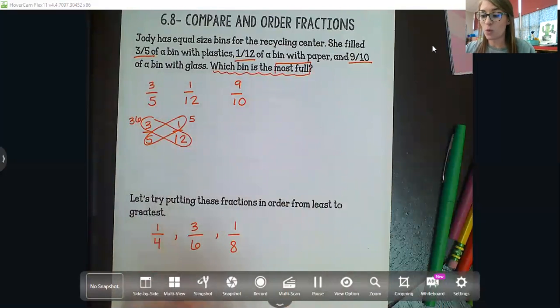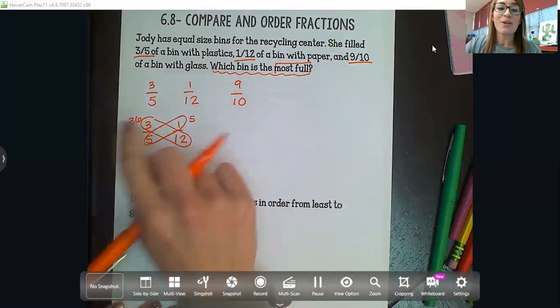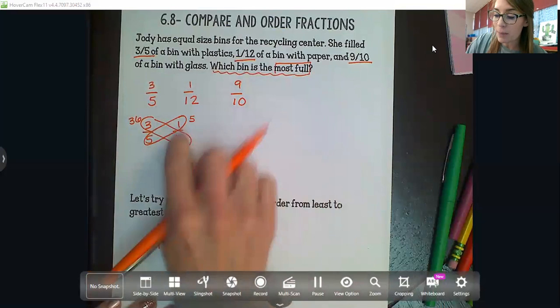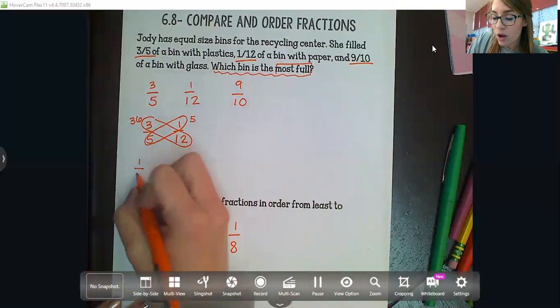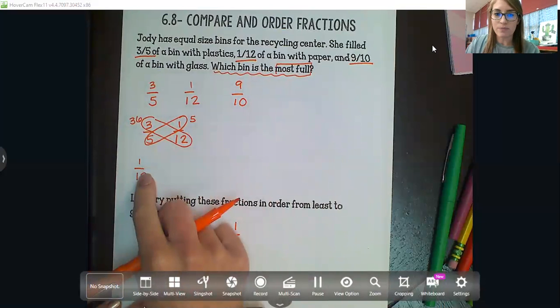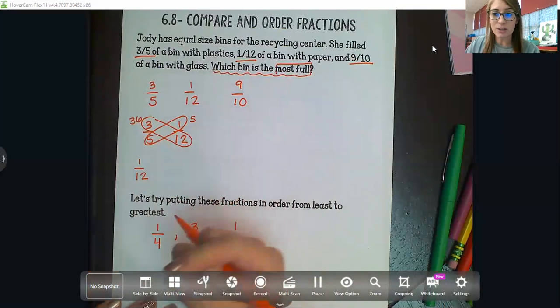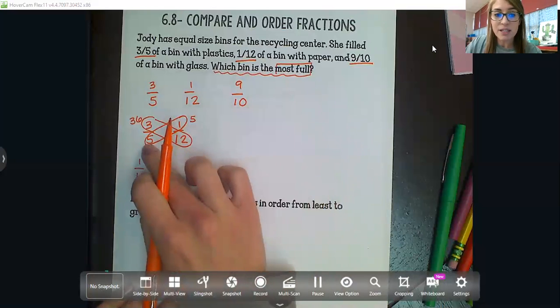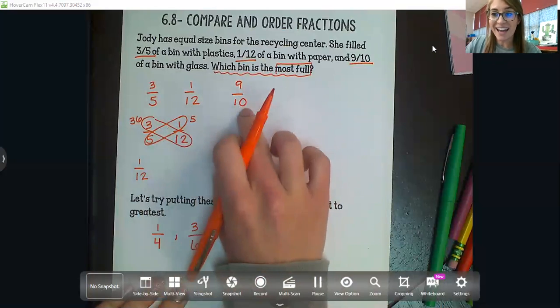Very good. It is 3/5 that is larger than 1/12. So I'm going to go ahead and put 1/12 over here to know that this is kind of the lower end one.